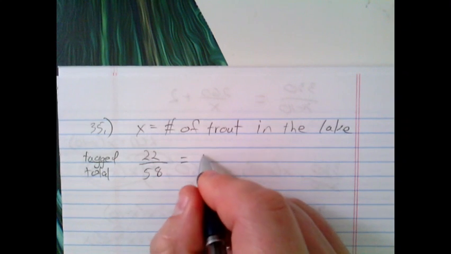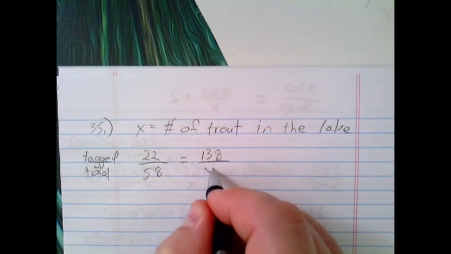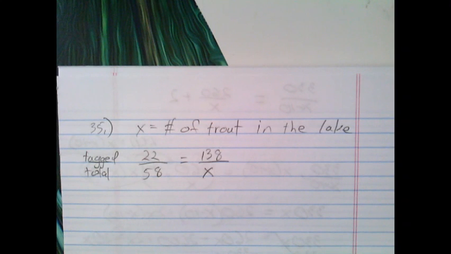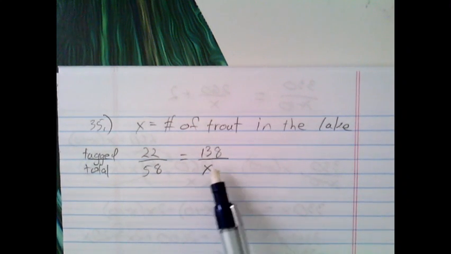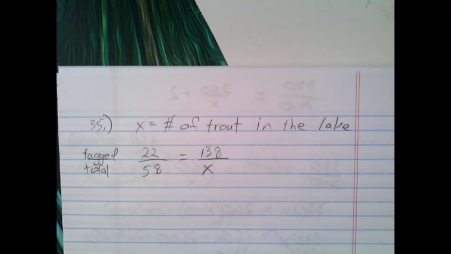So we know there's a total of 138 tagged fish in the entire lake. So 138 divided by x, where x is the total number of trout in the lake, should be approximately equal to 22 over 58. We're going to solve for x, and that'll give us an approximation or an estimation of the total number of trout in the lake.